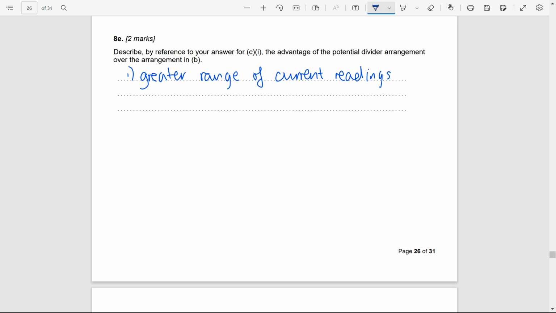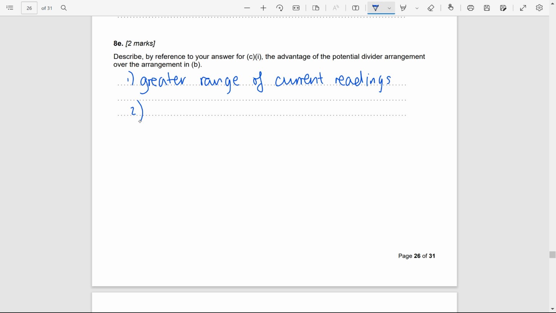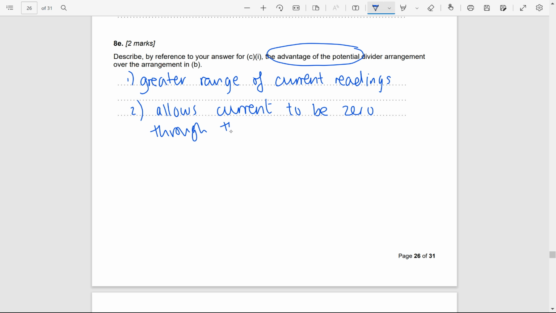It's always the same answer for this question. Okay, so the advantage of it when it's talking about potential divider, always the same answer for 2 marks: greater range of current readings because it allows the current to be 0 through the potential divider. It's really cool.